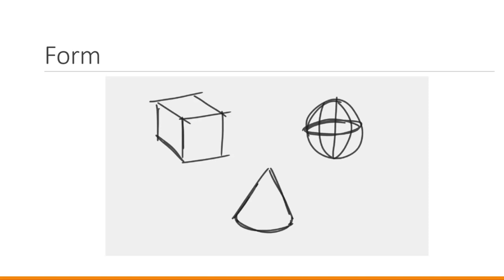So with the cube and the cone, it's obviously three-dimensional because you can tell by the way the lines are shaped. But with the sphere, if we just had a sphere drawn without any shadow or light, it would just look like a circle. So the way we can convey the form of our sphere is by drawing these lines that are all over it that allow us to see where the form of our circle is.